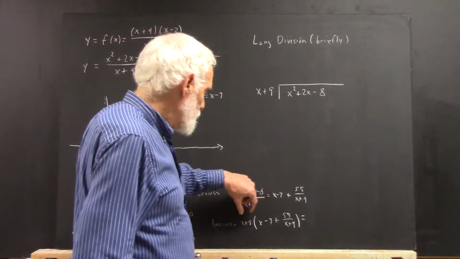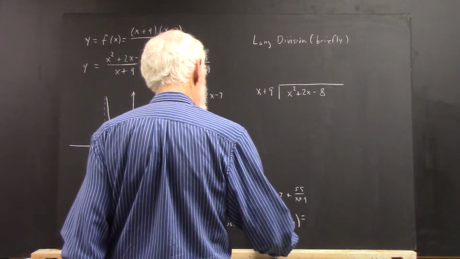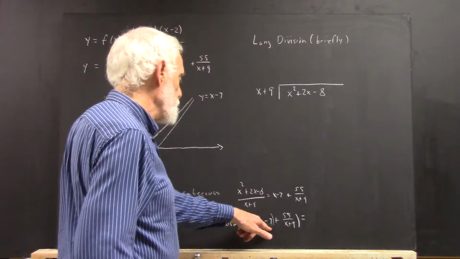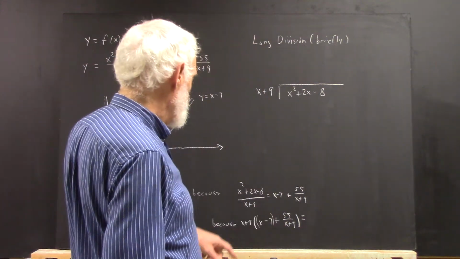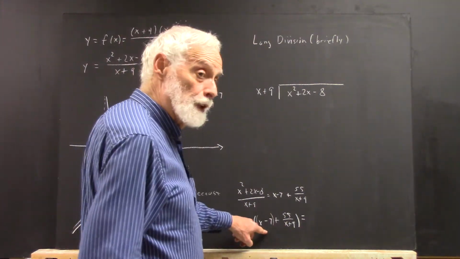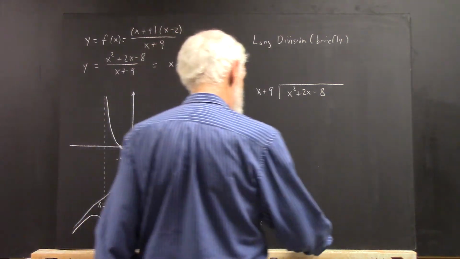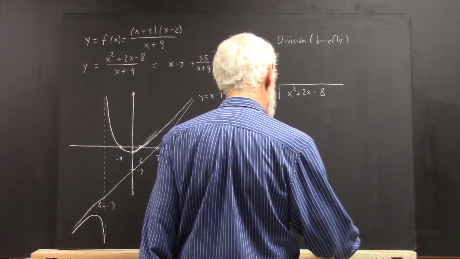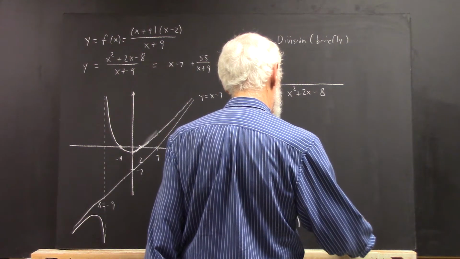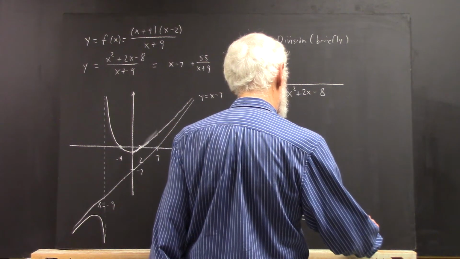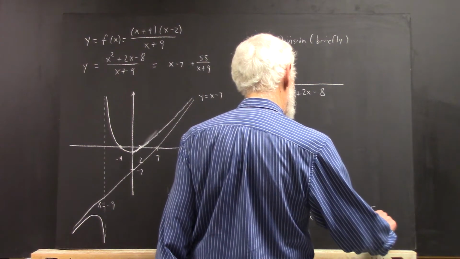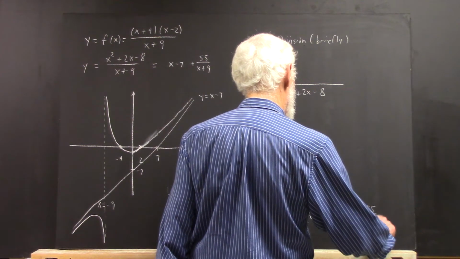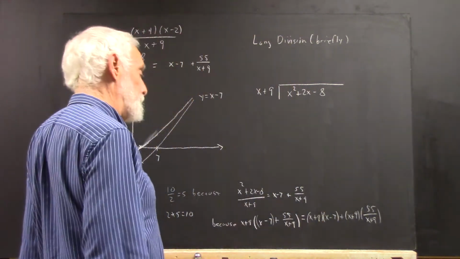We could group this. Just by the distributive law, if I want to group this and treat this as a group, it's x plus 9 times x minus 7 plus x plus 9 times 55, divided by x plus 9.